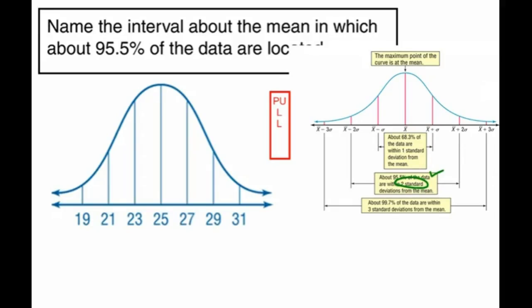So in my picture here, this 25 appears to be my X bar. And I need to go 1 standard deviation, 2 standard deviations above the mean, and then 1 standard deviation, 2 standard deviations below the mean, and that will give me the interval of data that has 95% of all the values. So my range would be 21 up to 29.